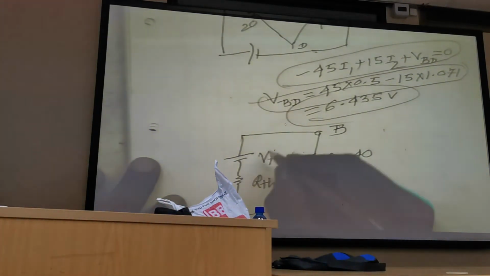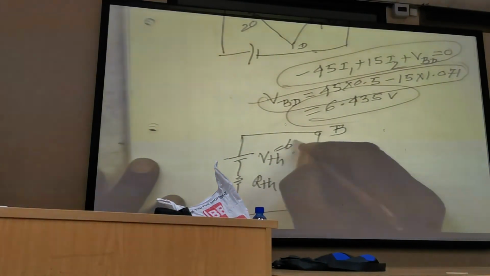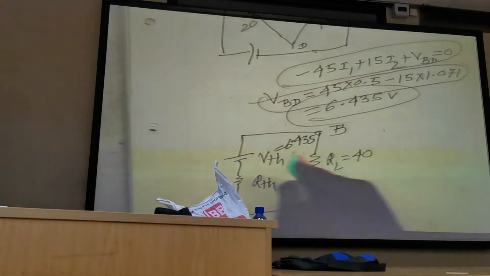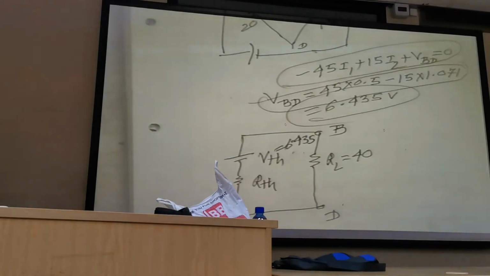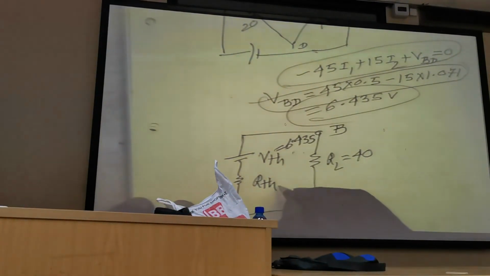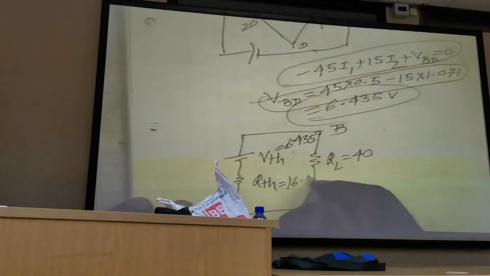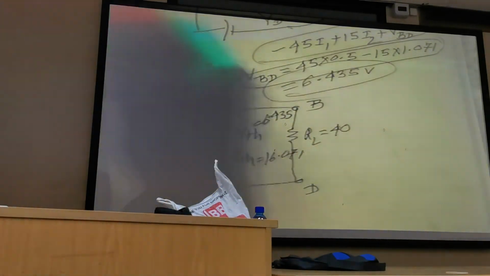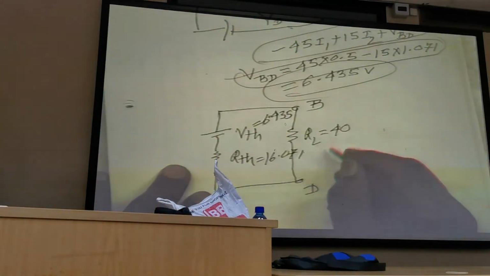Thevenin voltage is 6.435. And Thevenin resistance was how much? 16.071, right?